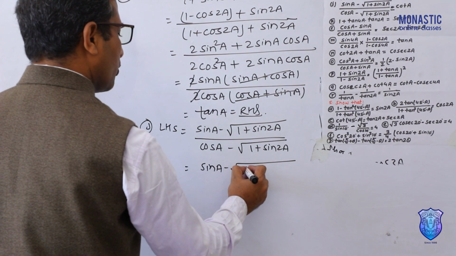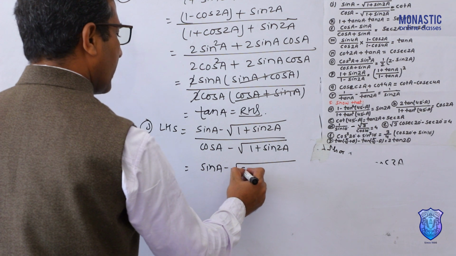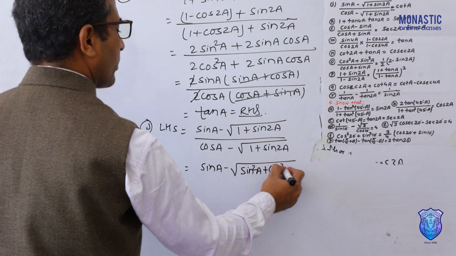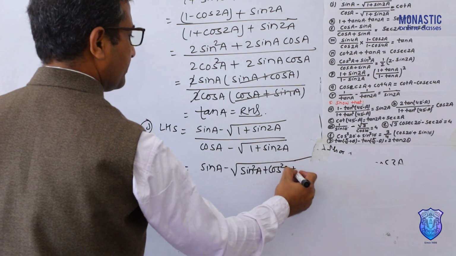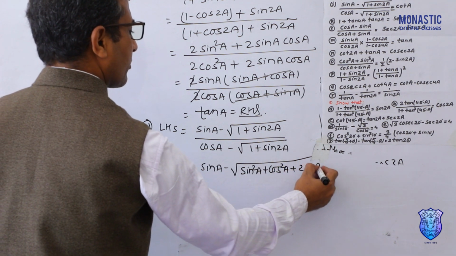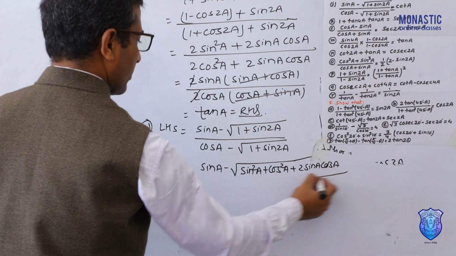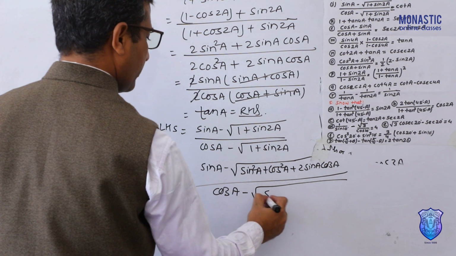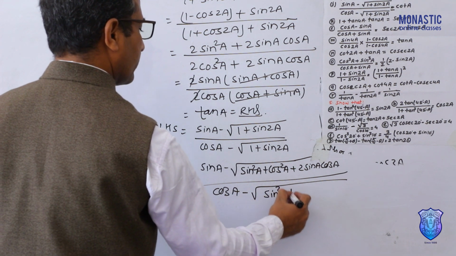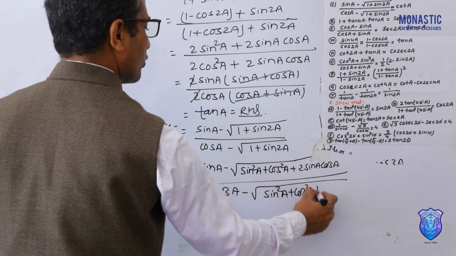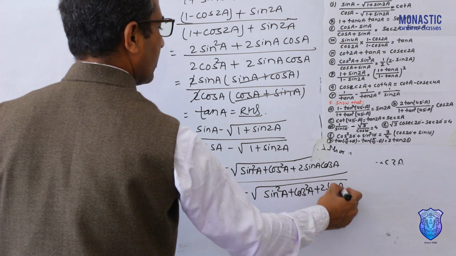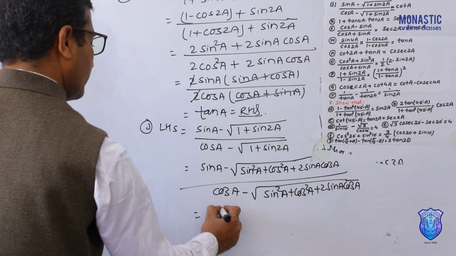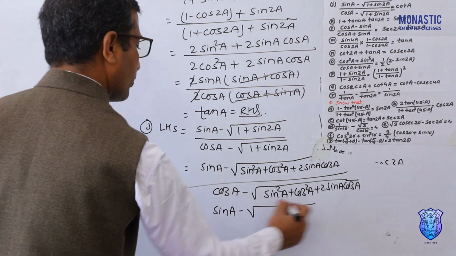So we can write 1 as sin square A plus cos square A or cos square A plus sin square A. Again here, sin square A plus cos square A plus 2 sin A cos A. Now, they are in the form of A plus B whole square.